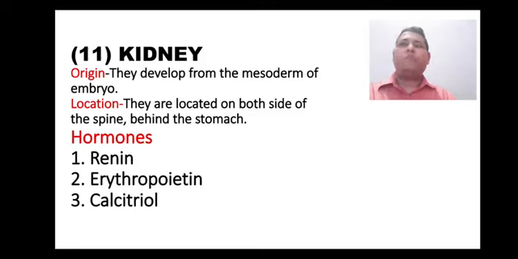The kidney develops from the mesoderm of the embryo. Location: they are located on both sides of the spine and behind the stomach.